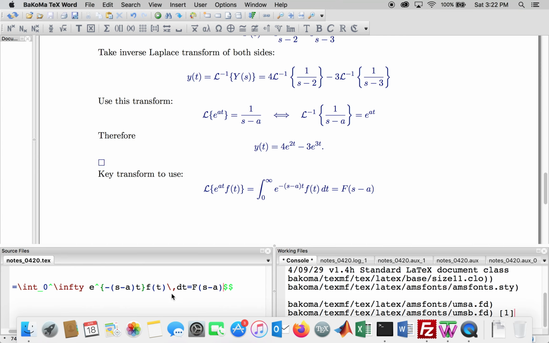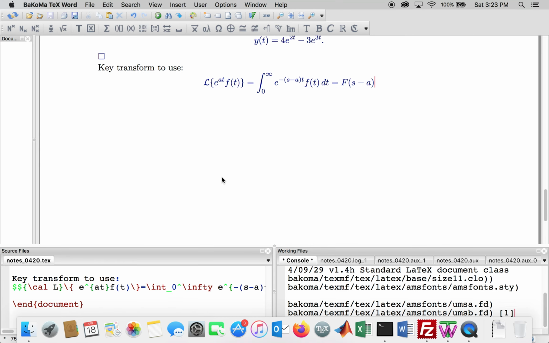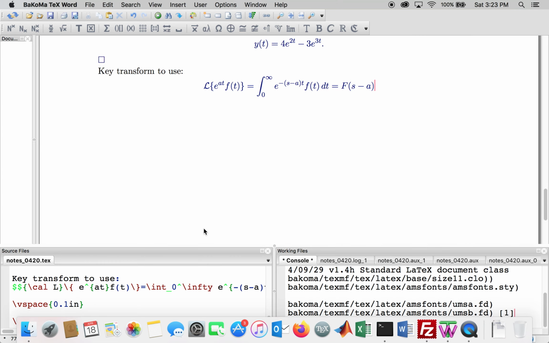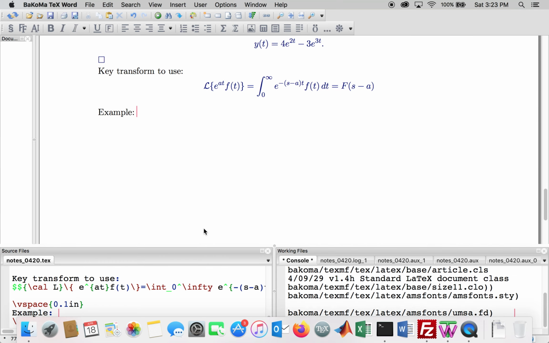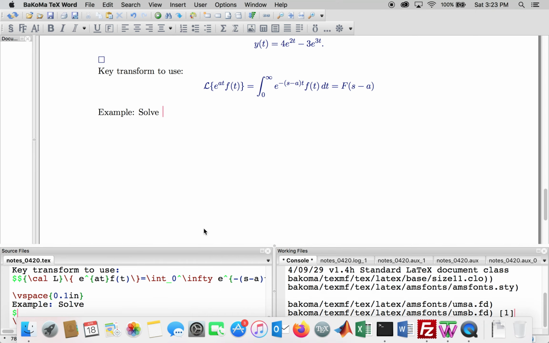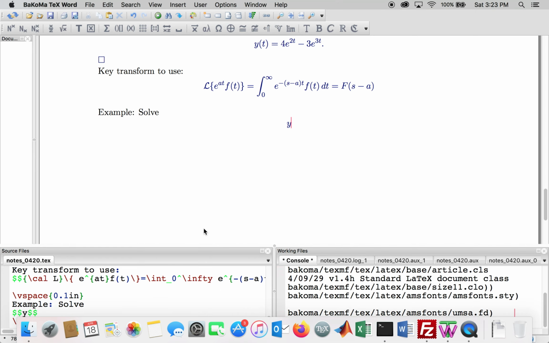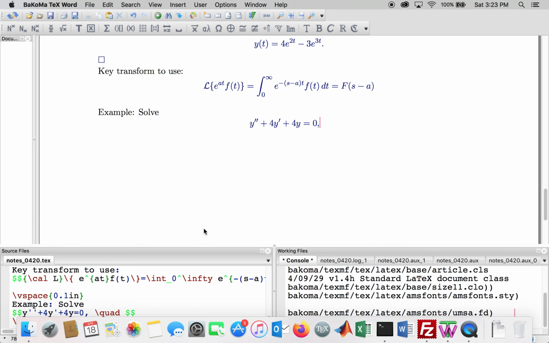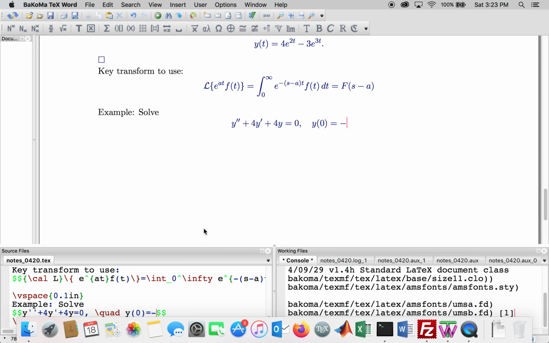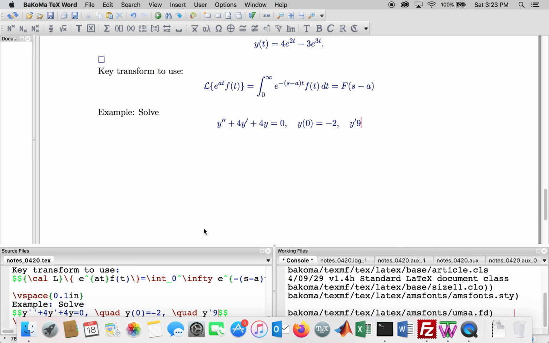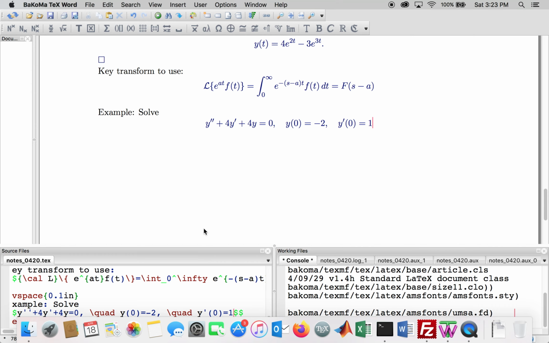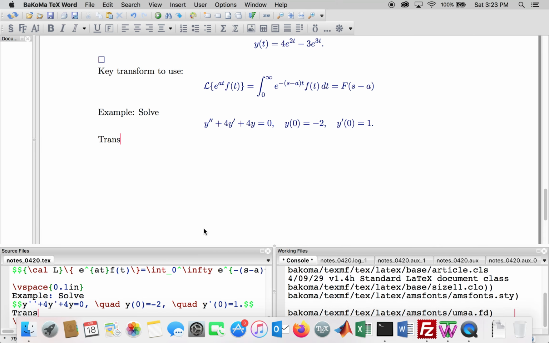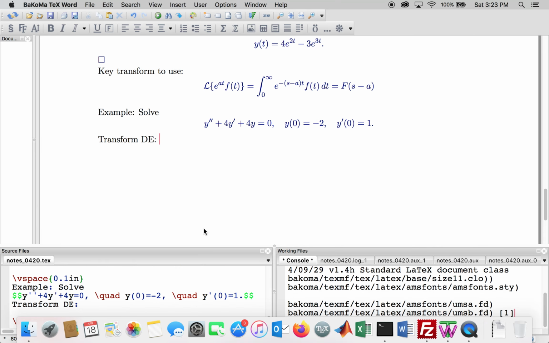For the next example, our initial value problem is y double prime plus 4y prime plus 4y equals 0, with initial conditions y of 0 equals minus 2, y prime of 0 equals 1. We go ahead and take the transform.